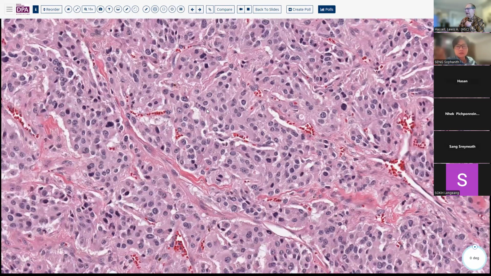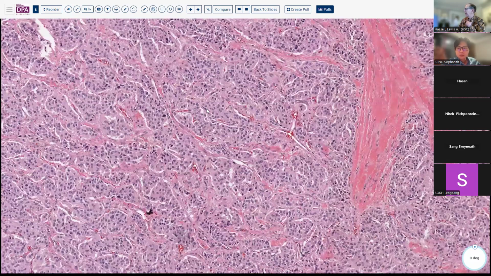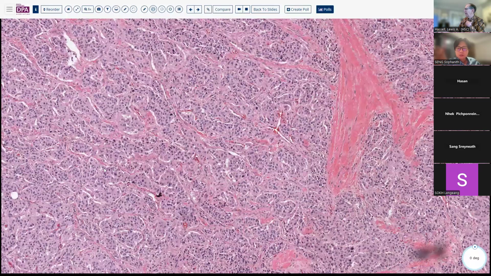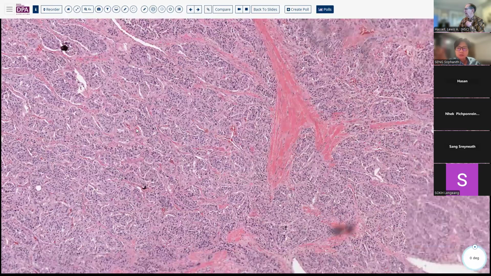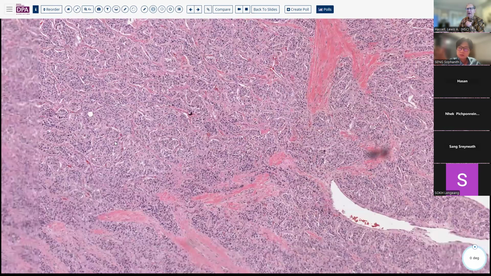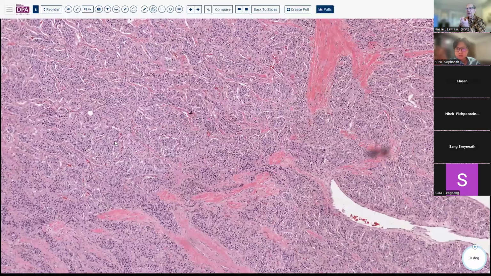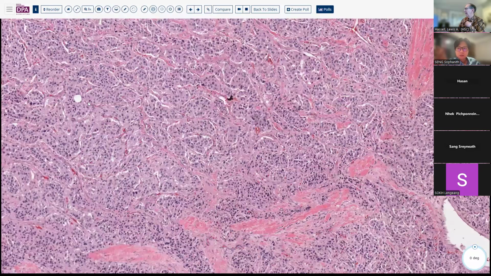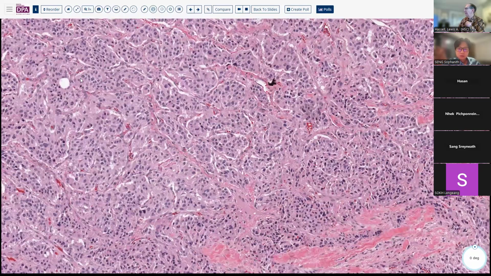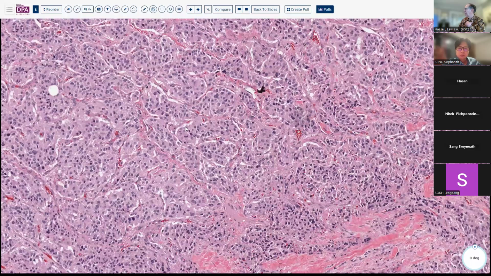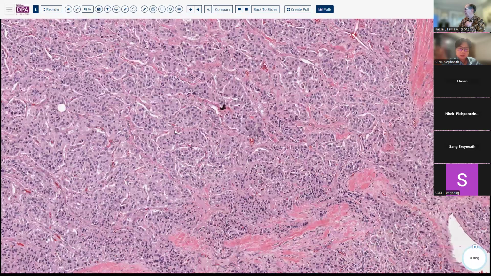So you can certainly identify these using neuroendocrine stains. You may opt to do also an S100 stain to try to identify the sustentacular cells that surround these bodies, and may not be evident here on H&E, but could be identified using immunohistochemical techniques.